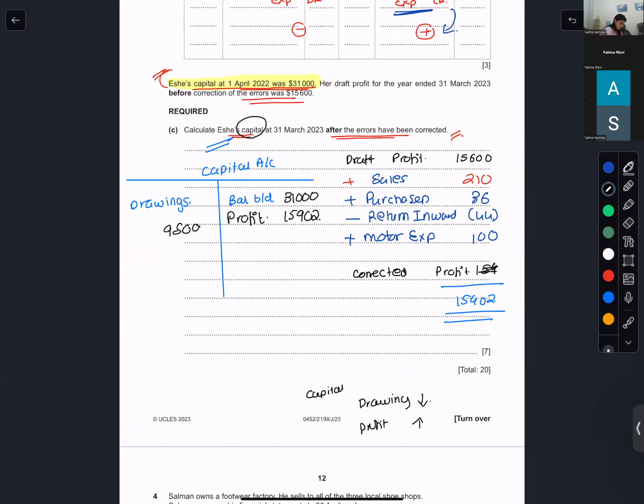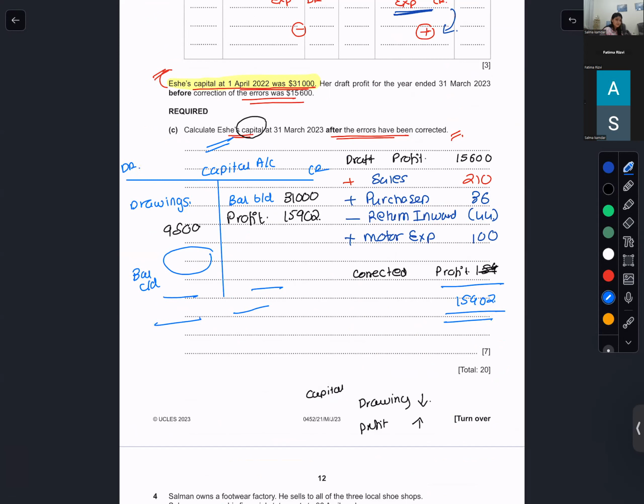So closing capital will come on which side? On the debit side. How much? It's 37,402. Can you give me the total of the credit side?